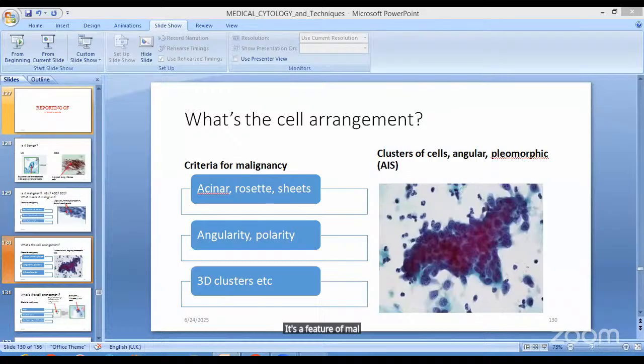Some are in 3D clusters. Those are malignant cases. Once they are arranged that way, it's easy to conclude that they are malignant. If it is tall and angular, AIS, adenocarcinoma in situ, can be in the picture.